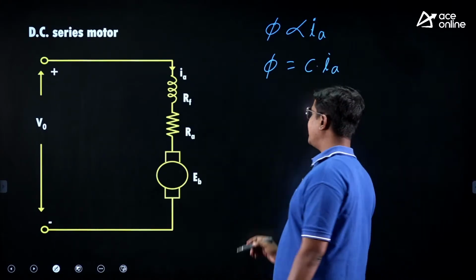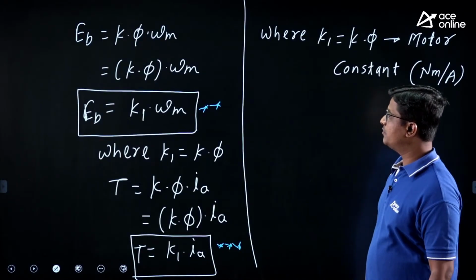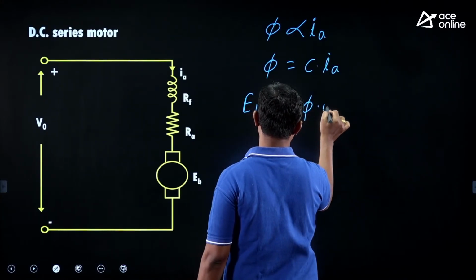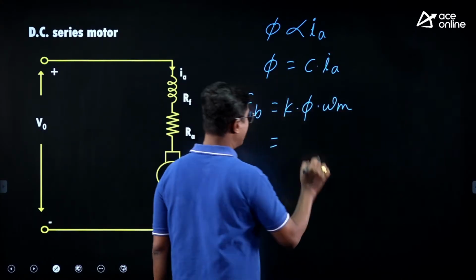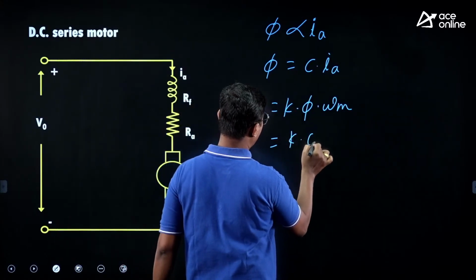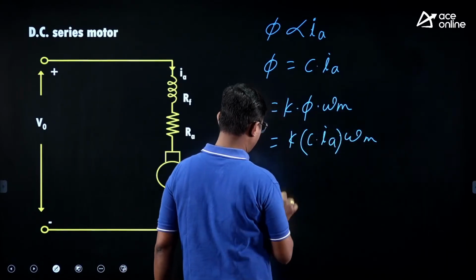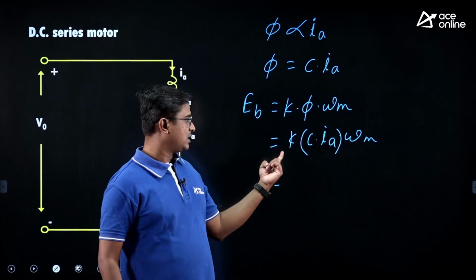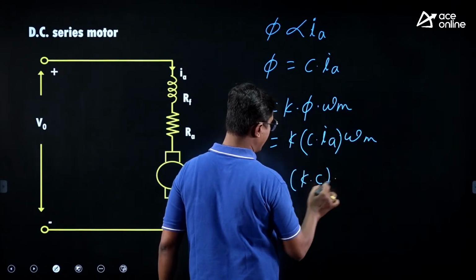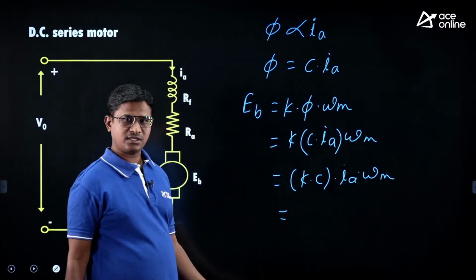Now let us write the expression of back EMF EB. EB equal to K into phi into omega m. This can be written as K into C into Ia into omega m. K is constant, C is also constant, so taking these two constants in one bracket, the product of the two constants is a third constant.